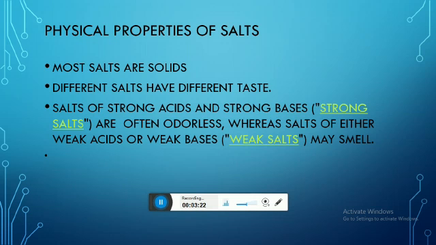Whenever we add a strong acid with a strong base, we will get a strong salt. So salts of strong acids and strong bases are often odorless, they have no smell. Similarly, if we add weak acids or weak bases, we get a weak salt, and that may smell a little bit.